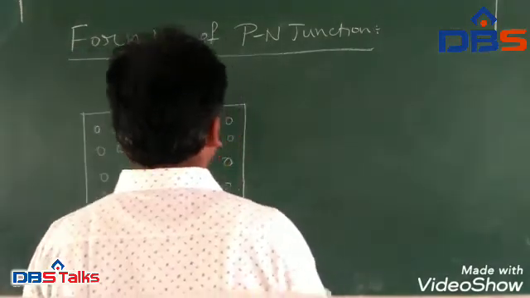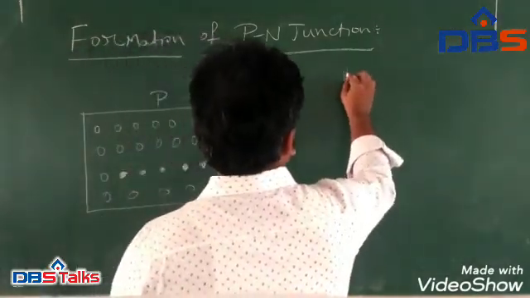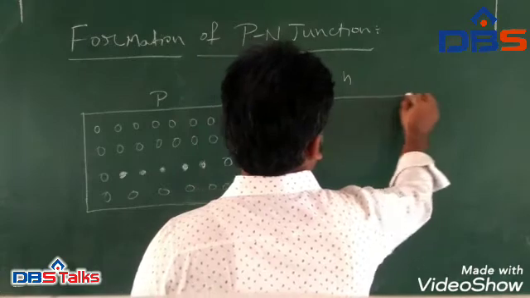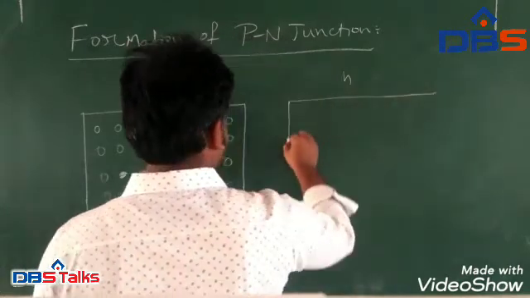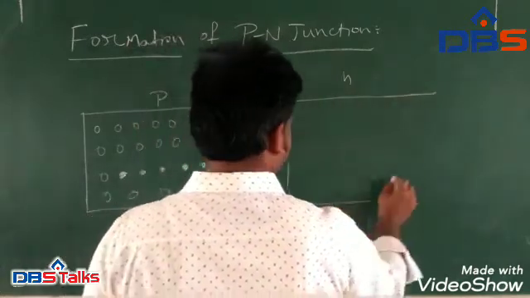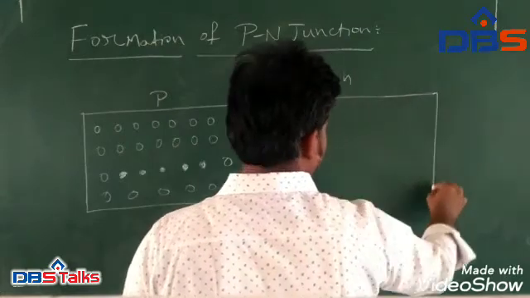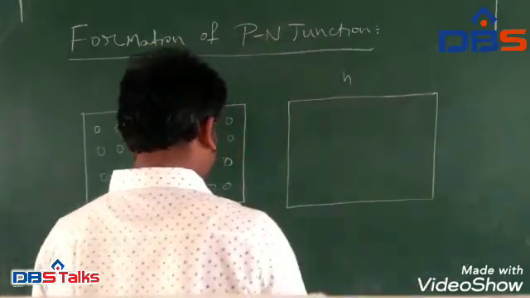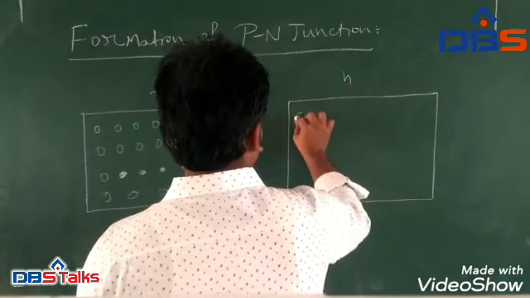Next, we have another type, N-type. This N-type may have majority carriers of electrons.